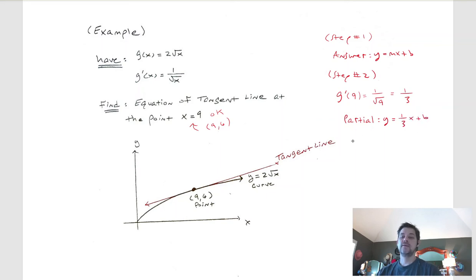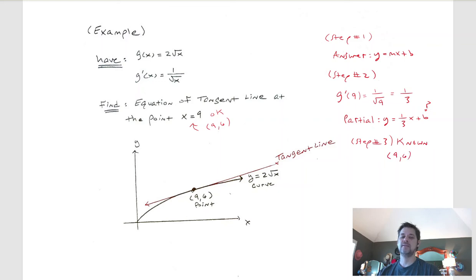Okay, and the third step, well, I have to find out what b is, okay? Because my equation will have y and x as variables, I'll have to figure out what m and b are. So I'll use my known point, okay? So my known point is 9 and 6.